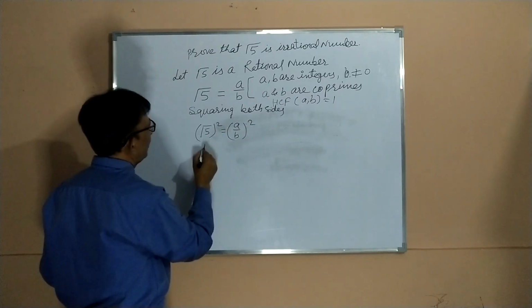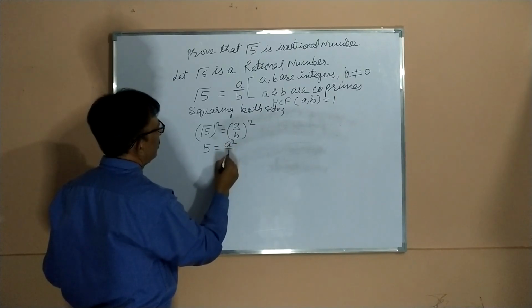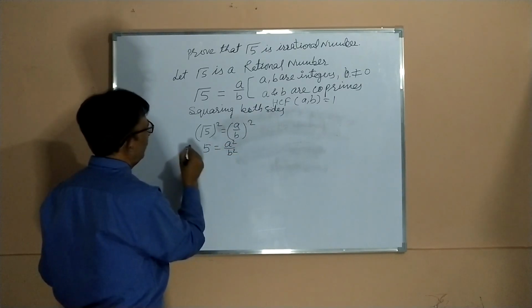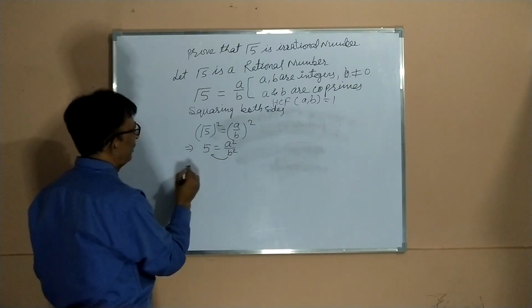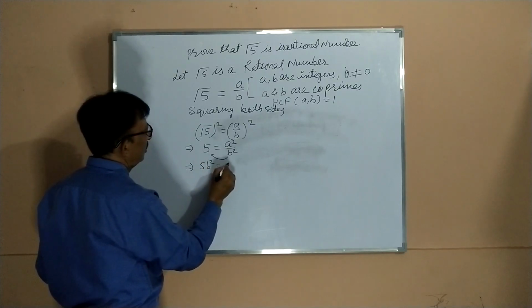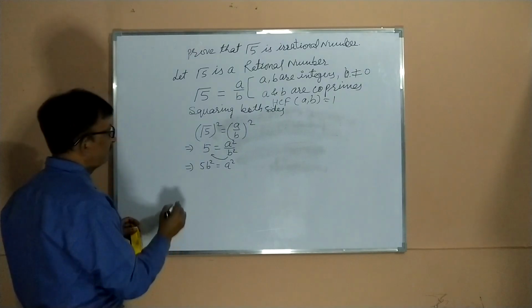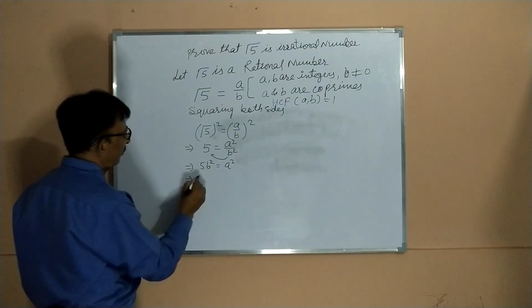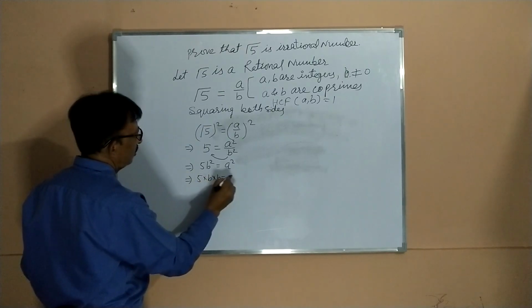Under root 5 whole square gives 5 equal to a square upon b square. By transposing b square, it becomes 5b square is equal to a square.